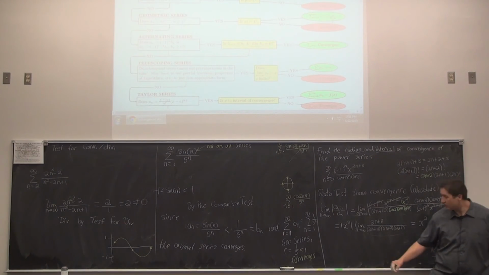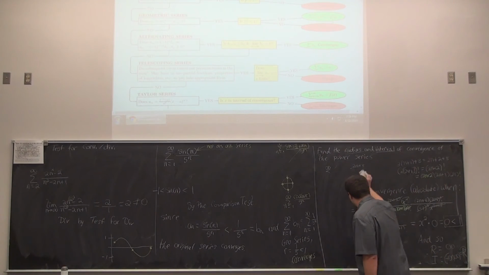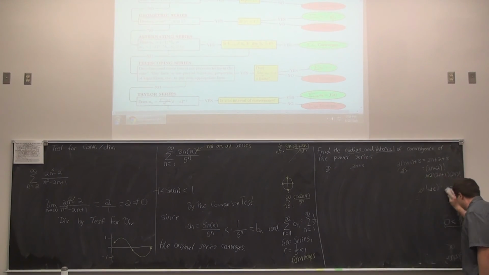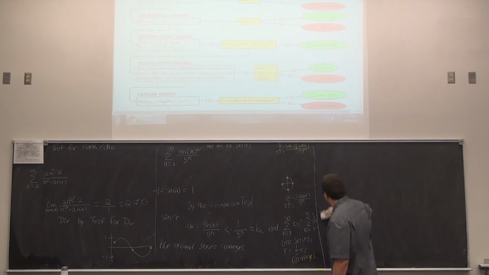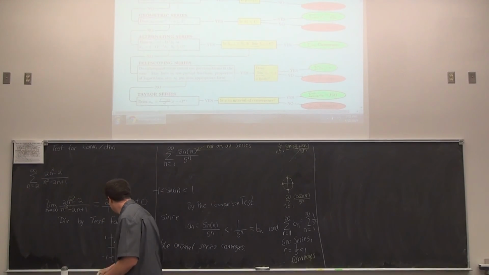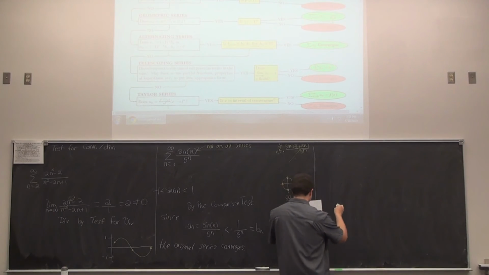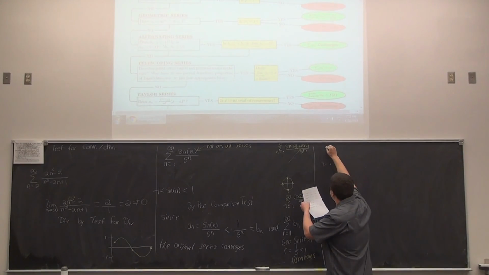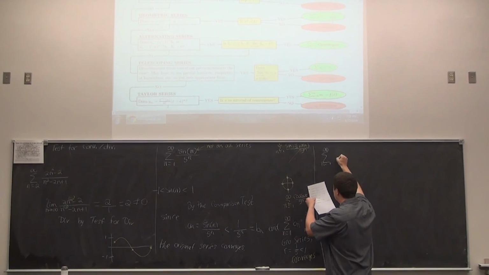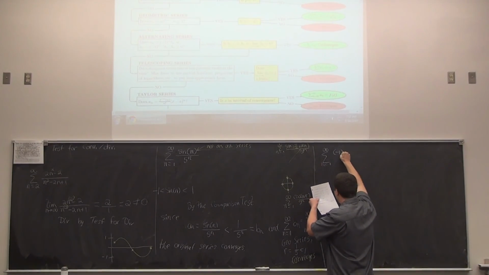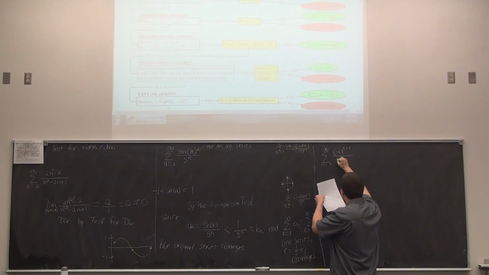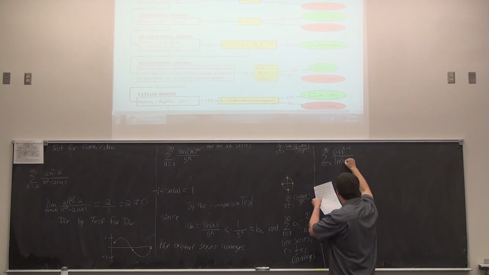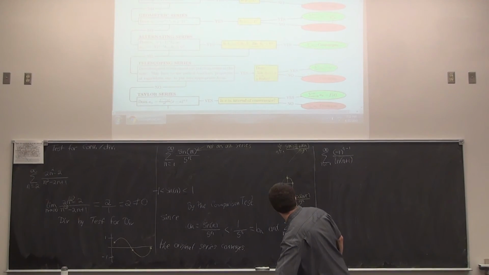Okay, let's try maybe one more, and then we can switch gears if folks like. So the very next one reads, let's go from 1 to infinity of negative 1 to the power n minus 1 divided by the natural logarithm of n plus 1.